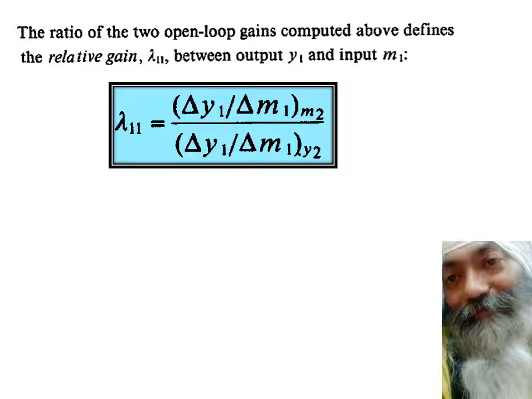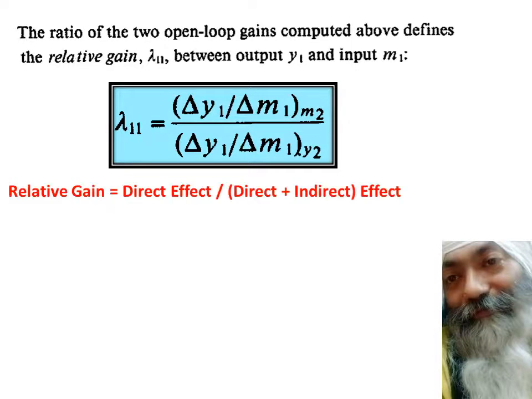So you can see you have a ratio of this gain divided by this gain, and this is called a relative gain lambda 1 1. Why 1 1? Because the manipulated variable considered is 1 and the output is also 1. Therefore, we take the relative gain as lambda 1 1, and this is the mathematical expression for this.